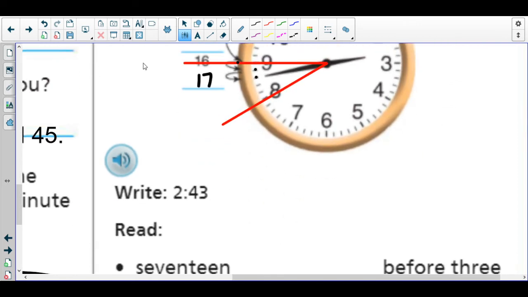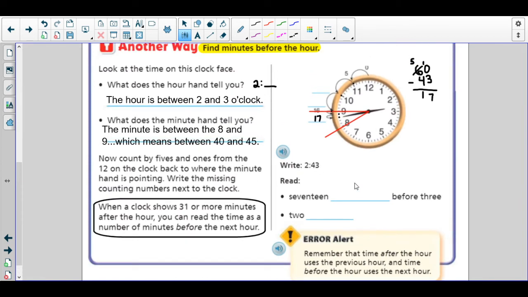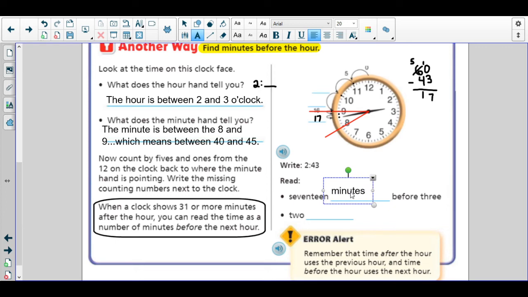So we would read that like this, okay? 17 minutes before 3. Or we could write it as 2:43.